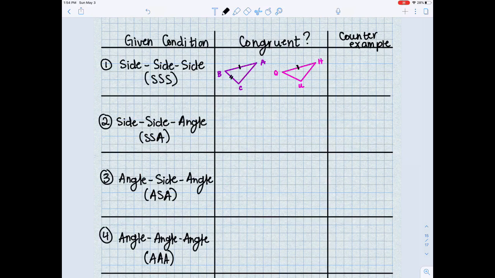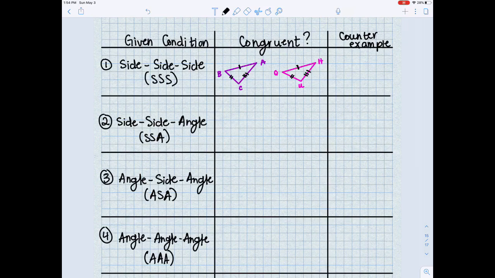Right, so we need a little bit of a way to tell them apart. So we just put two tick marks, and then you can imagine that we could keep going, right? So CA is congruent to UH. And there we have our three congruent sides.